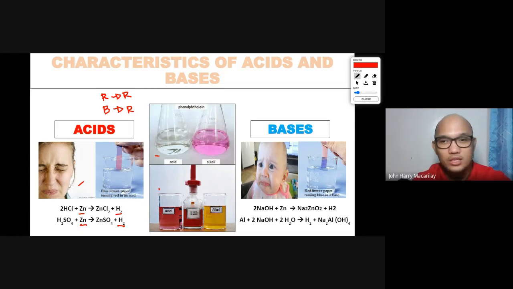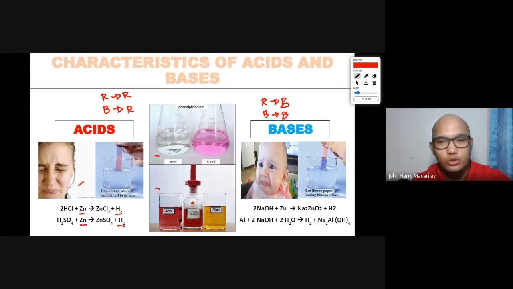And then base will have a bitter taste. And then if you're going to test it with a litmus paper, it will change the red litmus paper to blue, or blue to blue, or no change in the color of the blue litmus paper.